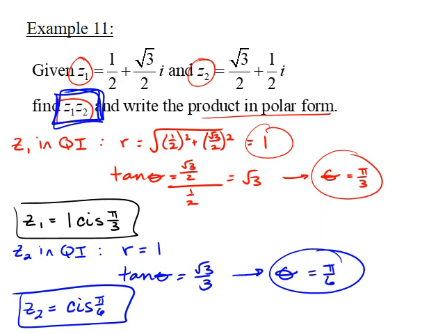Okay, so now that we have our two complex numbers in polar form, on the next slide I will go ahead and find the product of those. So recall that Z1 is cis pi over 3 and Z2 is cis pi over 6.